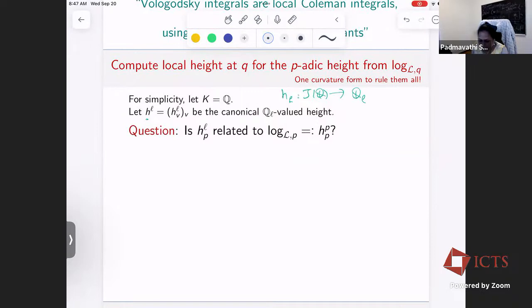associated to a line bundle at L. And the question is, is the local contribution to the QL valued height at P in some way related to these P-adic integrals at P? And so is there a connection between P-adic heights, QL valued heights for different L?